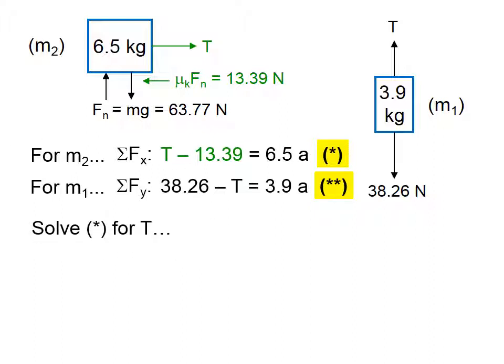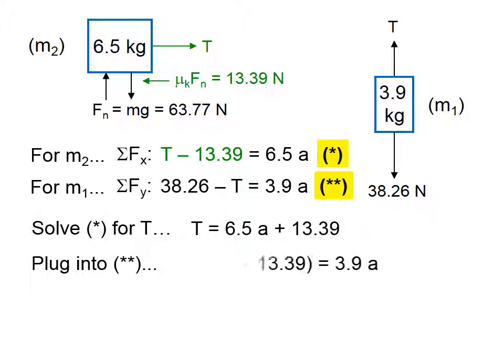And here's what I'm going to do. I'm going to solve the first one for T. Add 13.39 to both sides. And then in double asterisk, I'm going to plug that in. So right here in double asterisk where it says T, instead of putting T there, I'm going to put 6.5a plus 13.39 in there.